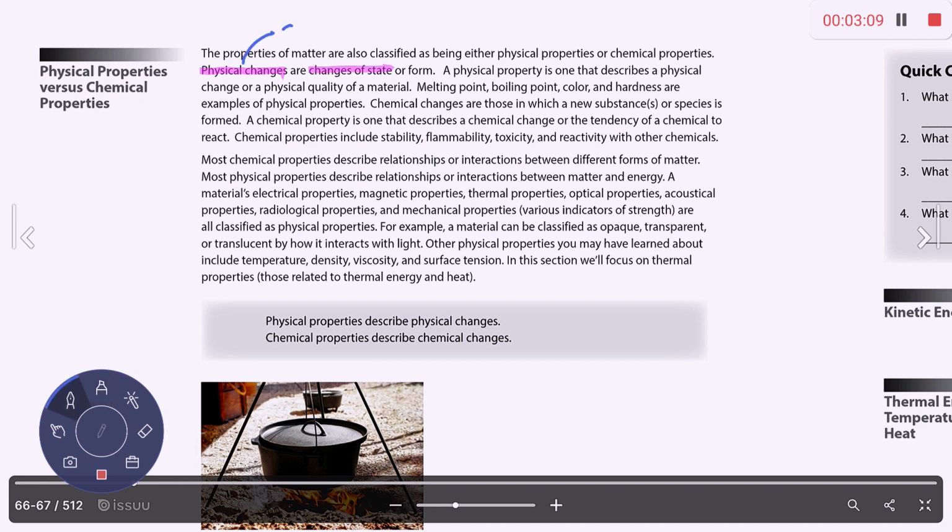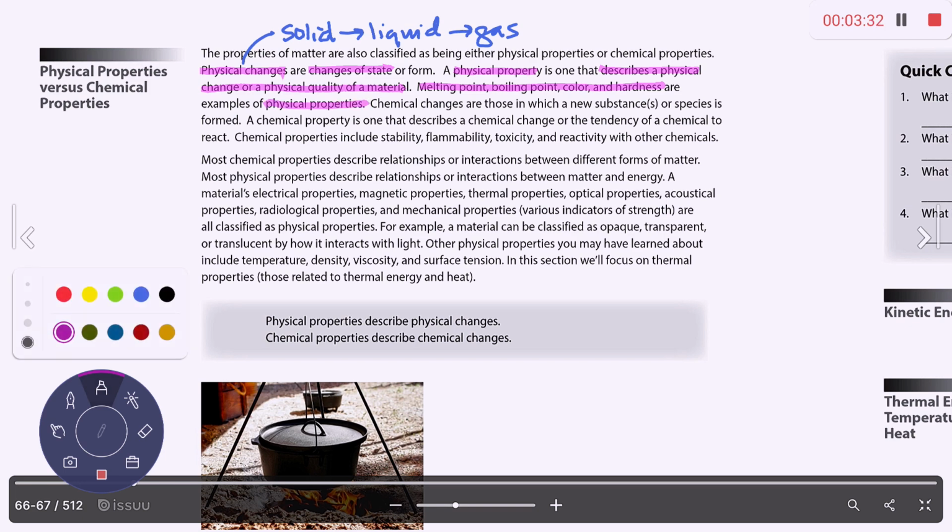That means if you're changing from a solid to a liquid or to a gas, those are changes of state. Physical properties describe physical changes or a physical quality of something. So the melting point, boiling point, color, and hardness would all be physical properties.